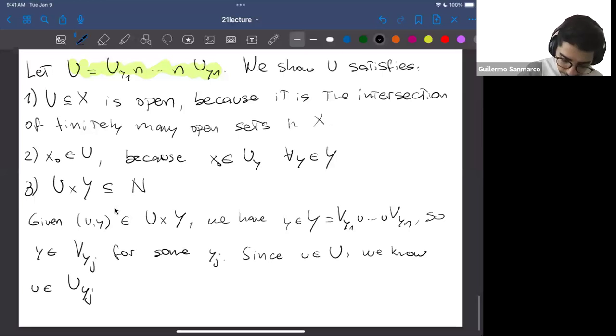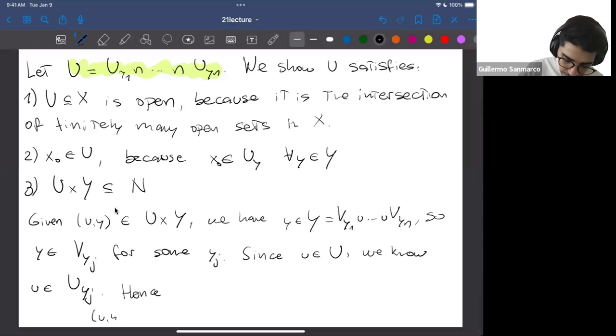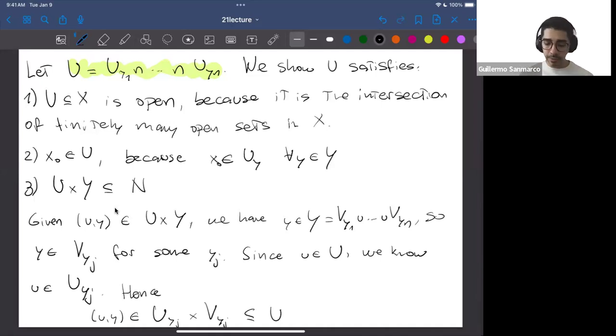And in this case, (u, y) has first coordinate in U_yj, second one in V_yj. But U_yj cross V_yj is inside of N, because U_yj is inside of U, V_yj is inside of Y.